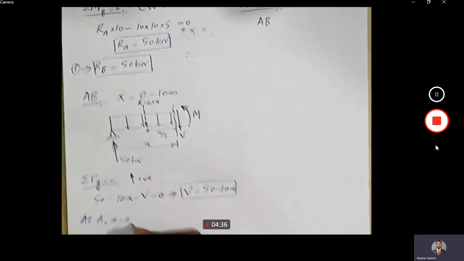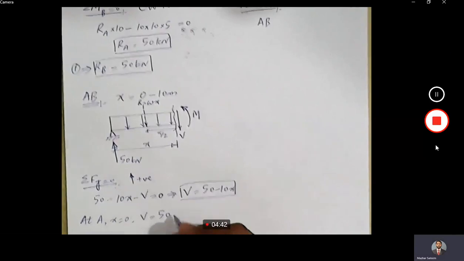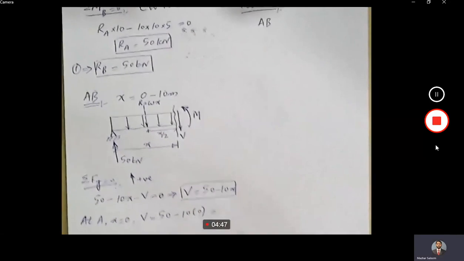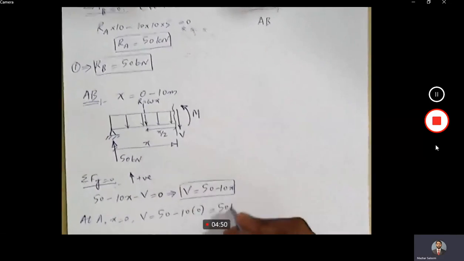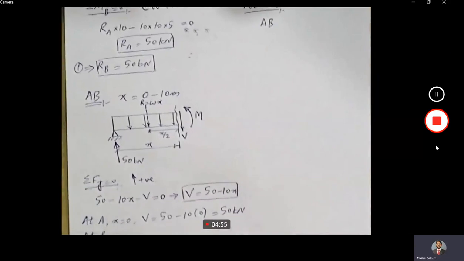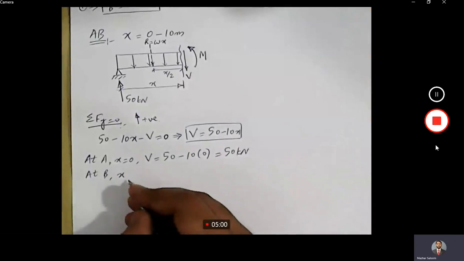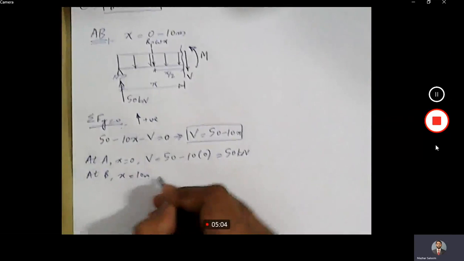x is equal to 0. So shear force will be equal to 50 minus 10 into 0. How much is that? That is 50 kilonewton. And at B, x is equal to 10 meters.